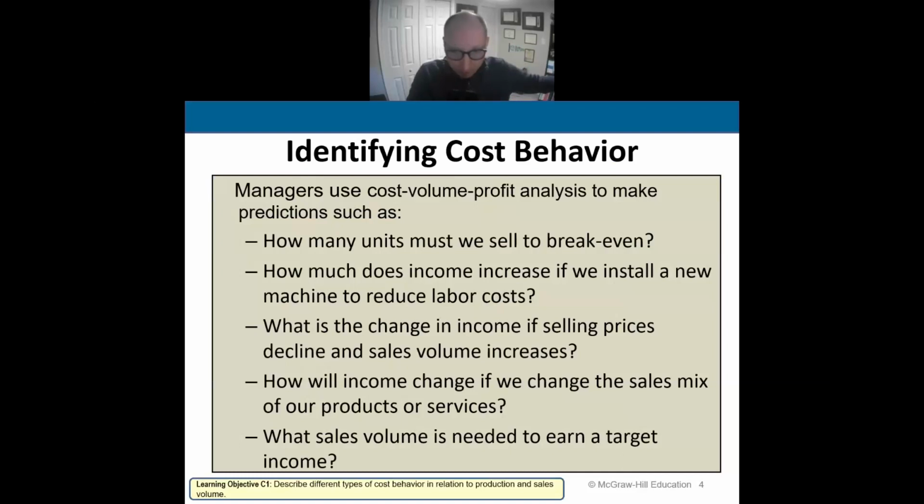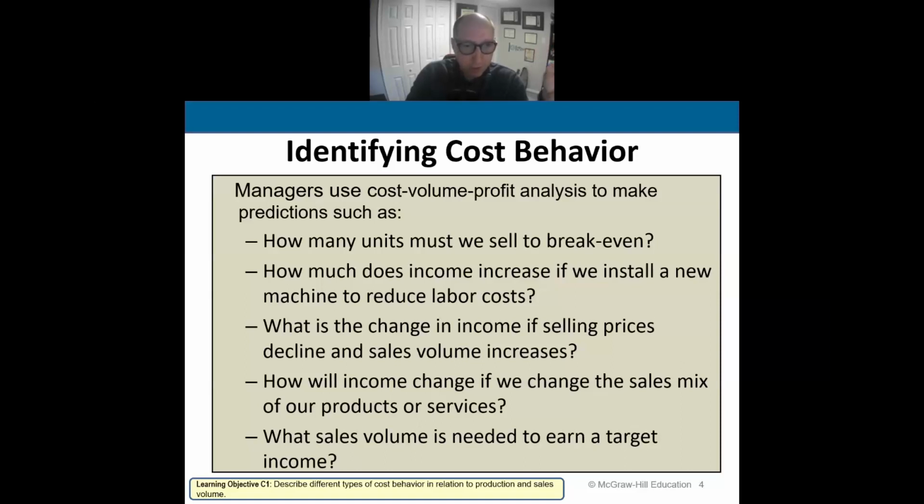We talked about that the past couple of weeks. Now that we understand all the costs involved, there's a couple of components to those costs that we need to identify in order to understand how many units we need to sell to break even.